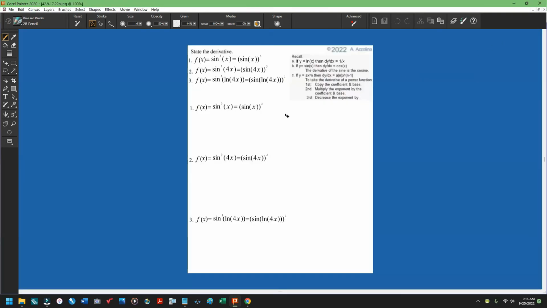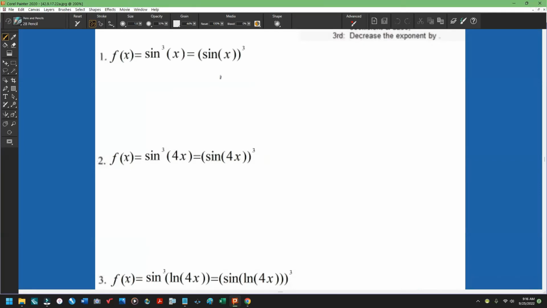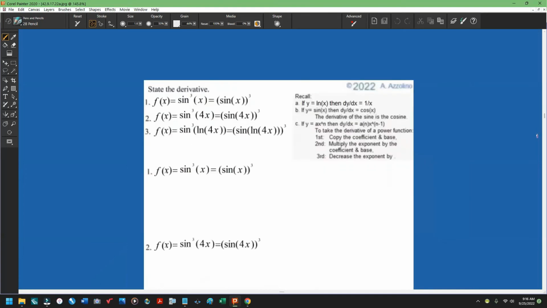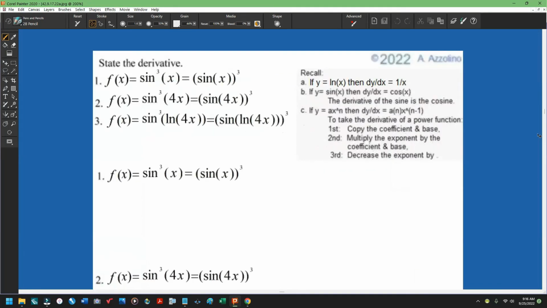I've listed the problems in a level of sophistication or difficulty. We're doing 3 problems. In the first one, the innermost is just a variable, not even a function, but you're taking the sine of that and you're cubing it.